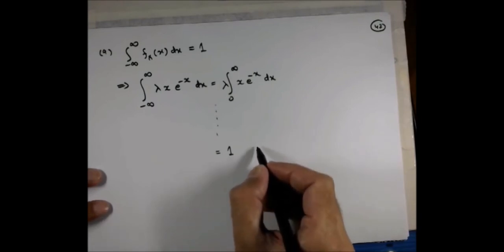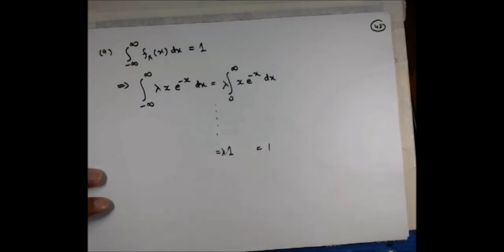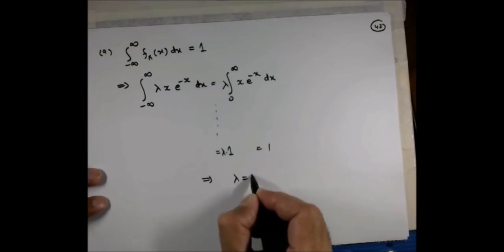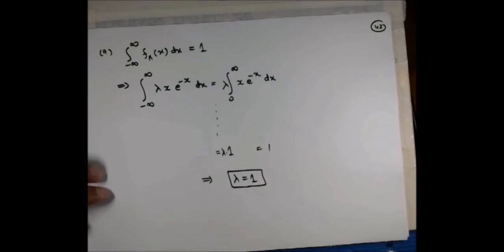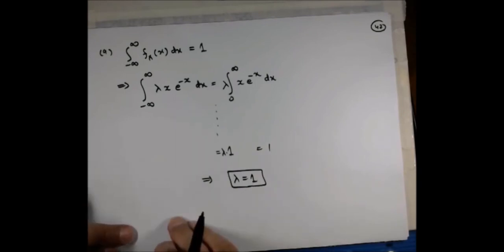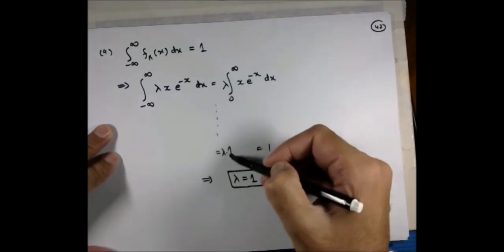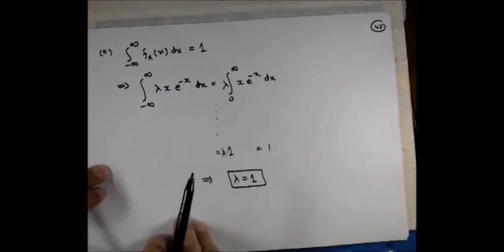When you equate it to 1, it will be something like this, and this will imply that lambda is equal to 1. So this is a little kind of practice for you. Just attempt this integration and arrive at this. You will see that the lambda will become equal to 1.